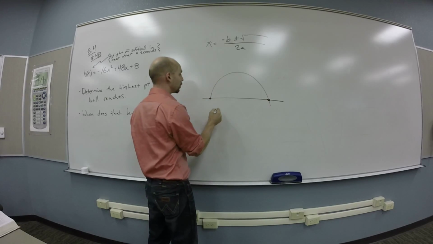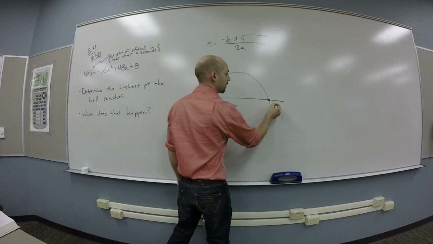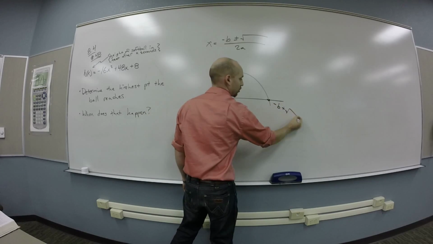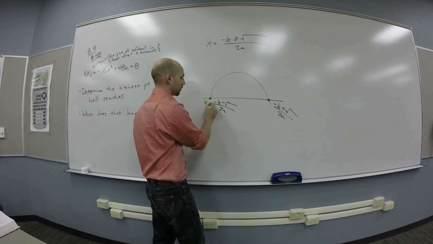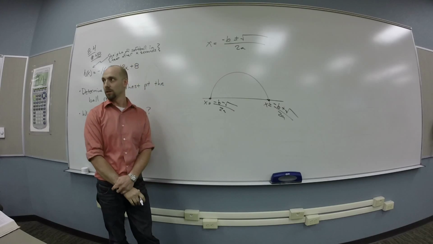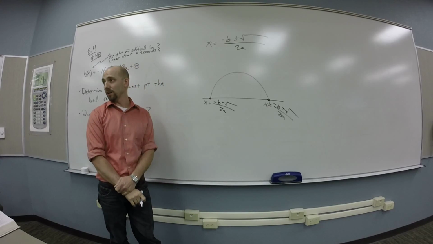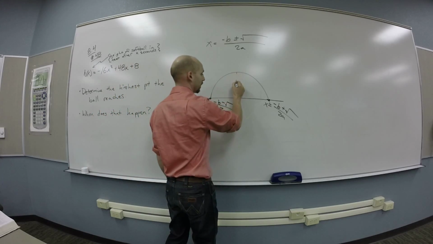Those are negative b minus the square root of whatever over 2a, and negative b plus the square root of whatever over 2a. Those are x values, inputs. So where's the highest point? Yeah, it's halfway in between, right? That's right here.